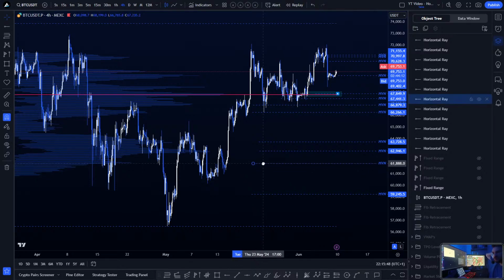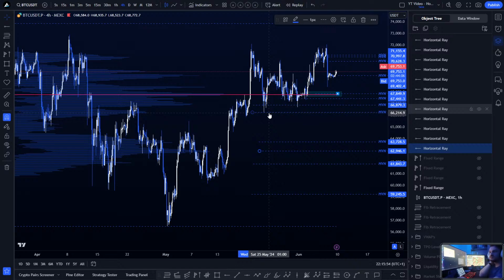Maybe push this up a little bit. This one is okay. This one is okay. This one is a little bit to the downside. This one is perfect. Perfect. Perfect.